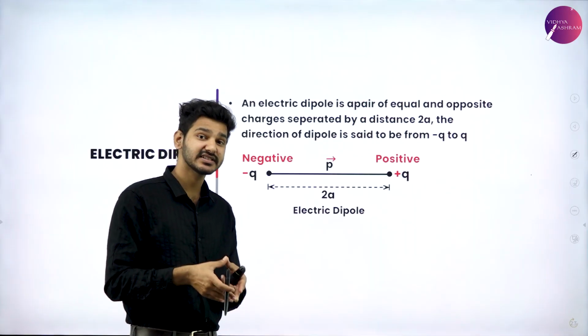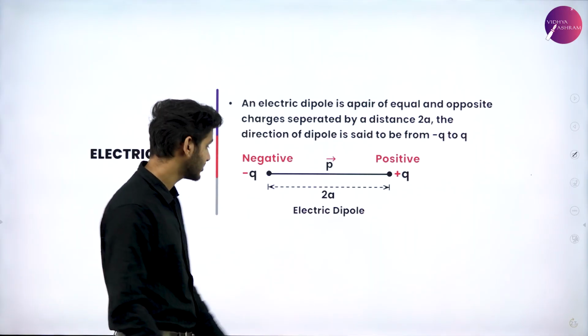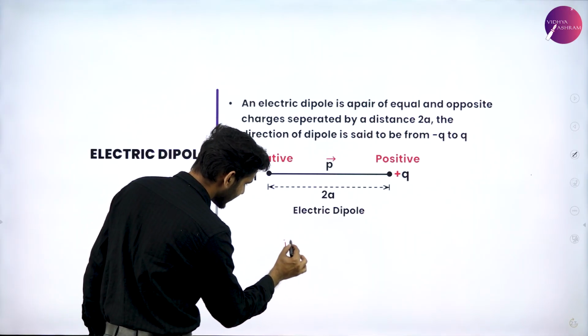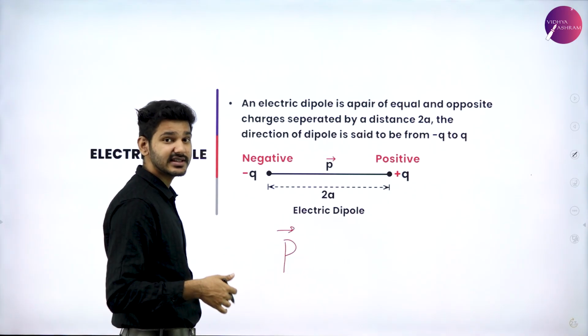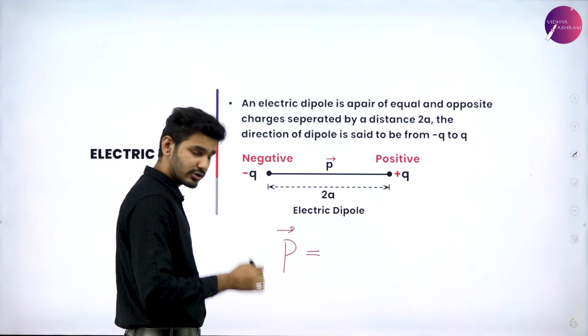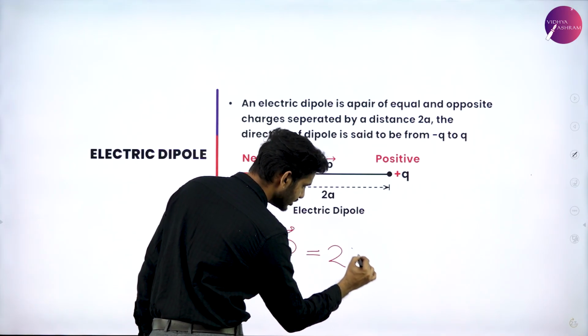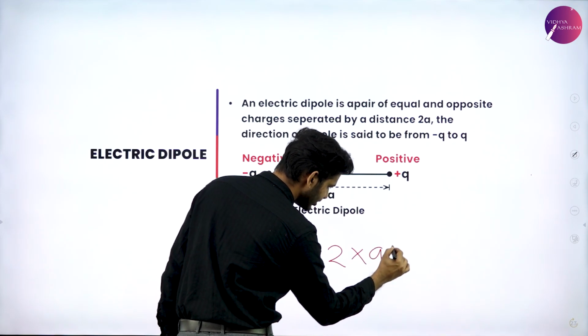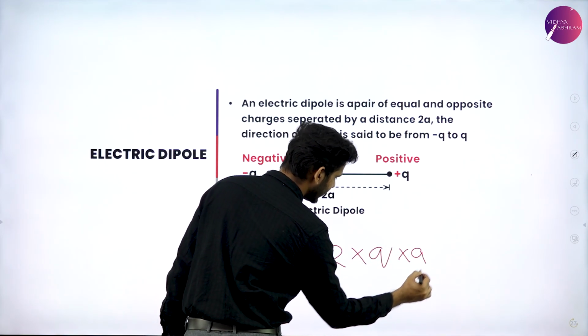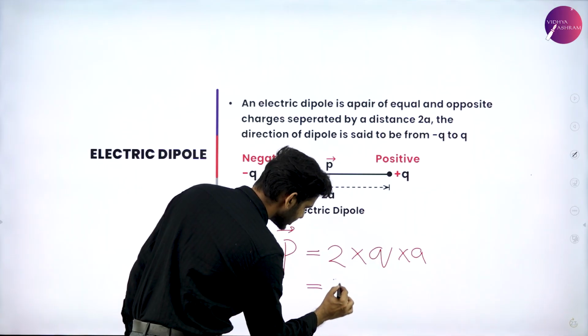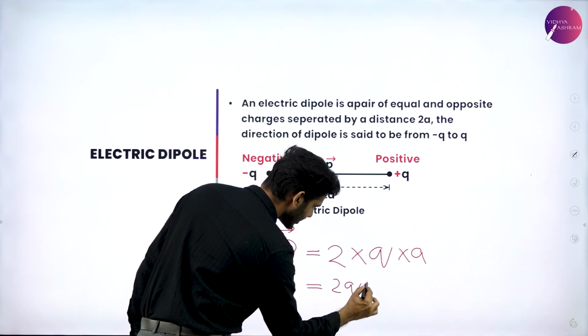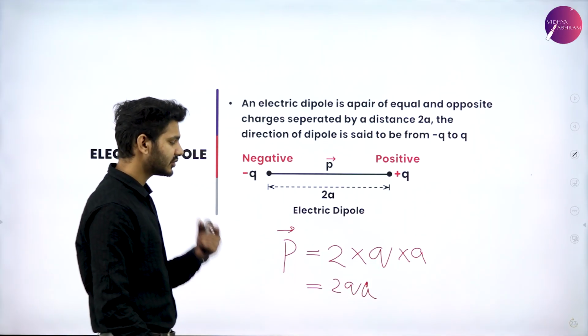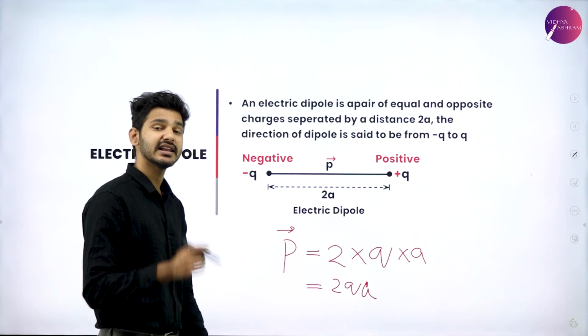And now we can represent it in equation form again. We can represent the electric dipole as P. P is equal to 2 into Q into a, that is, 2Qa. So this is the equation for an electric dipole.